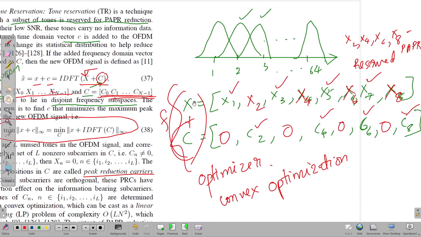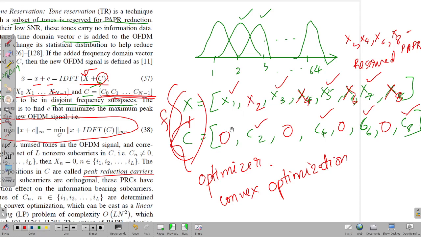Here you can see the vector X. X is X1, X2 up to X8, one of the examples which we took, out of which we have reserved X2, X4, X6 and X8 as the reserved subcarriers.